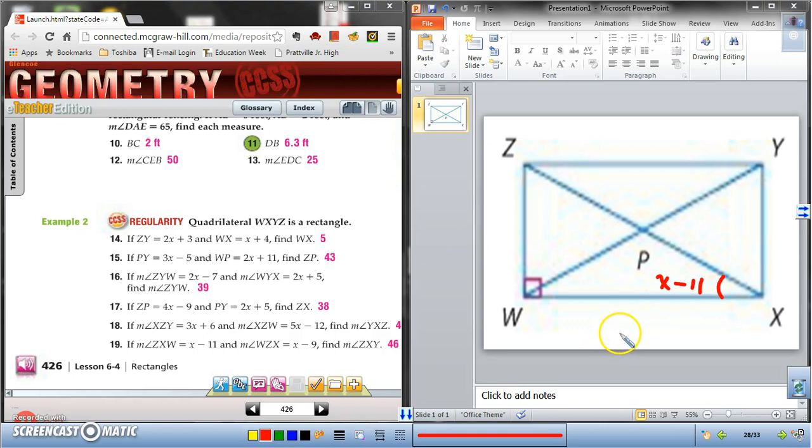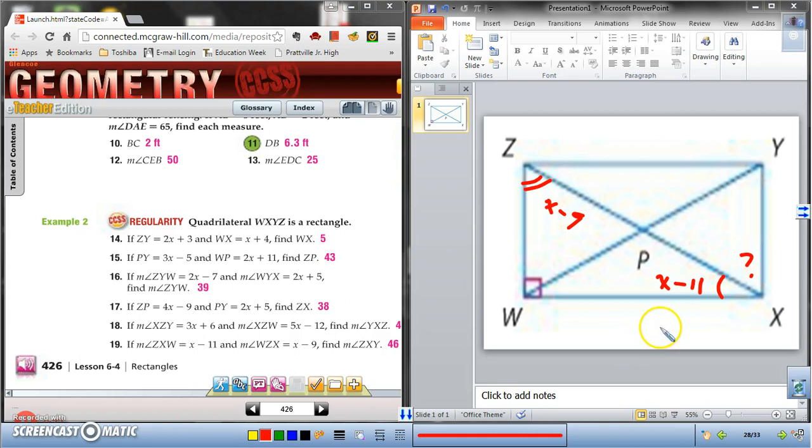And then the measure of WZX is this angle here, and it has a measure of x minus 9. Then I want to find the measure of angle ZXY, which would be this angle here.